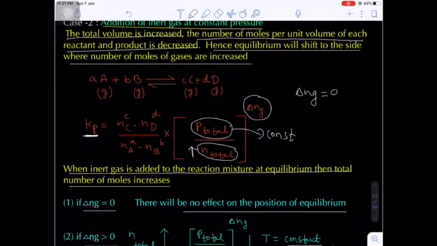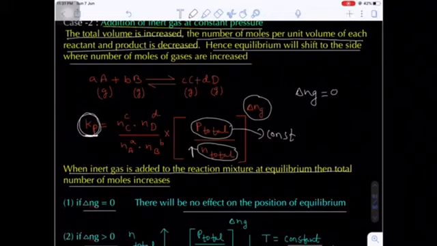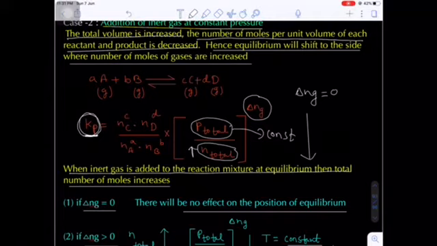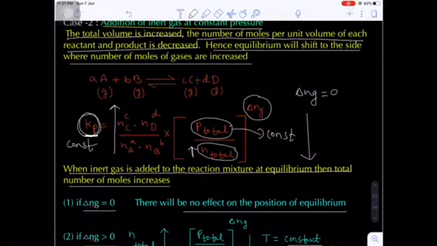So that means to keep the Kp value constant, this total value decreases, so this other value should be increased, because these two cancel out each other to keep the Kp value constant.